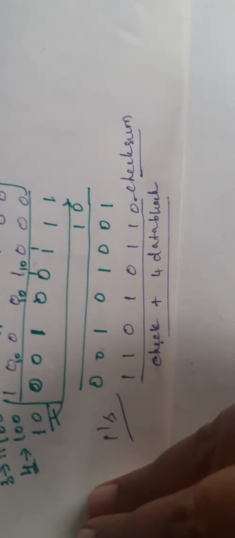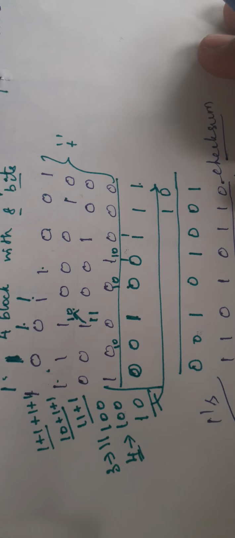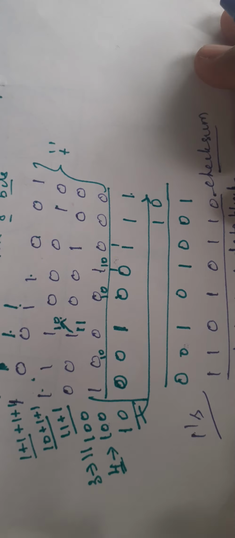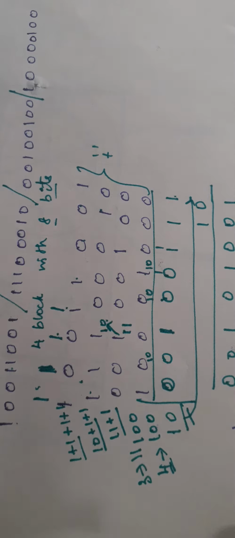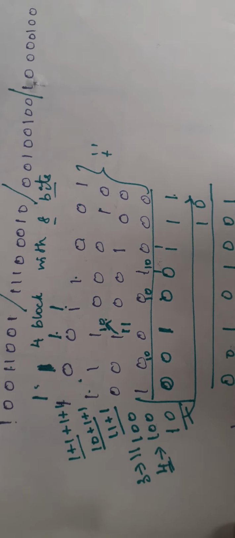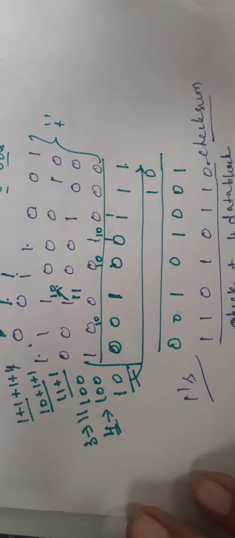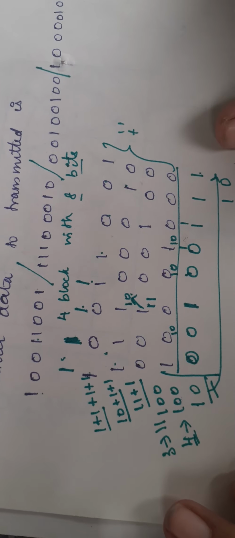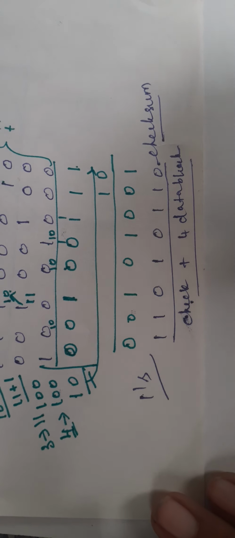Okay, so what are the data blocks we have sent? The data blocks we have sent, it is like 1001101. First block I have sent. So let me write here.